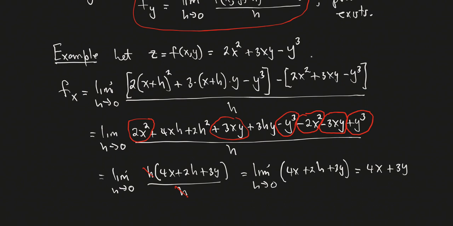Notice we have our equation of our surface in explicit form. We have our dependent variable z, and then we have our x and y here. So for this surface, its first partial derivative with respect to x is 4x plus 3y. I'm just going to highlight that. That's our f sub x. And if we look at it, what happens?